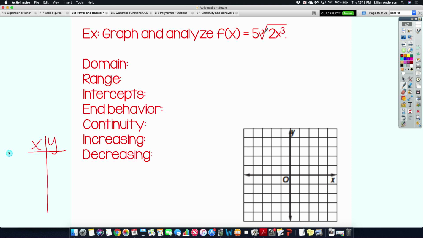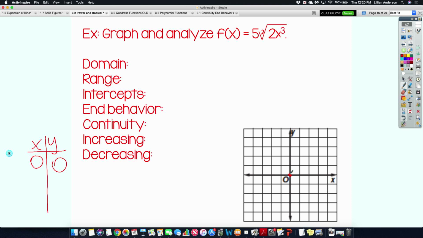I cannot take the square root of negative numbers. But I can take the square root of 0. When I plug 0 in, 0 to the third power is 0. 0 times 2 is 0. The square root of 0 is 0. And 0 times 5 is 0. That's why it is defined at 0.